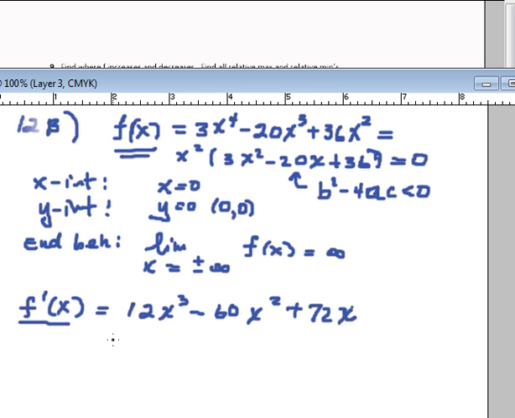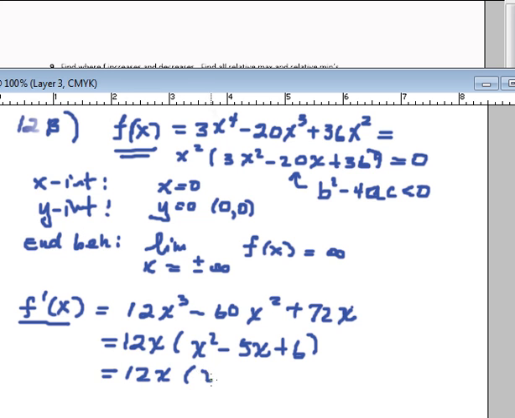We can factor out 12x from this, and we're left with x squared minus 5x plus 6. Now this factors into x minus 3 times x minus 2.